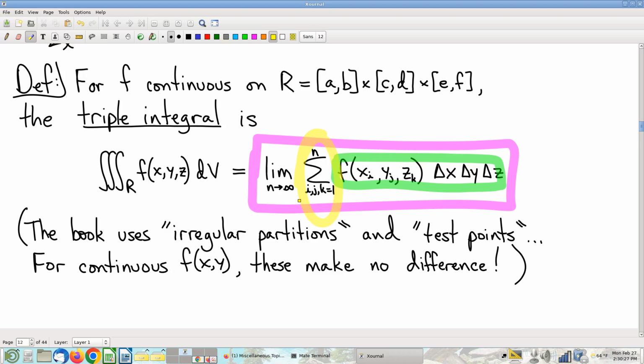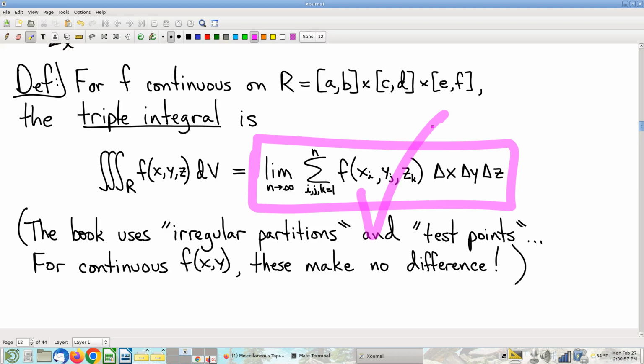And take a limit for good measure to make those round-off errors go away, per all of the other integrals we've ever done. So this is a total rip-off of two-index Riemann sums, which themselves were a total rip-off of regular single variable one-index Riemann sums. And same basic idea then. And this is a great way to solve a very large number of questions.